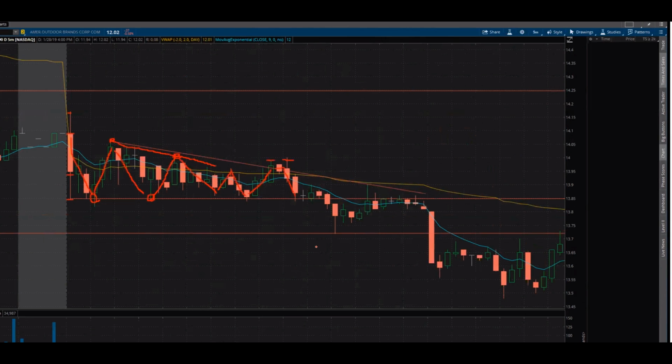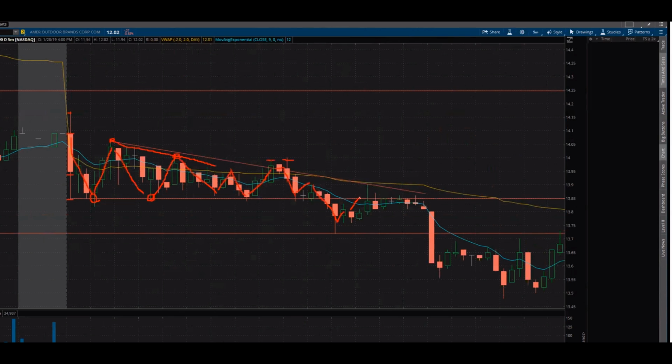Now you want to see increase of volume. Decrease, increase. Why is it increase? People are adding to their position knowing that it's rejected how many times up here? 1, 2, 3, and then one final strong time trying to get through 14. Hard rejection, volume adding in for the breakdown.